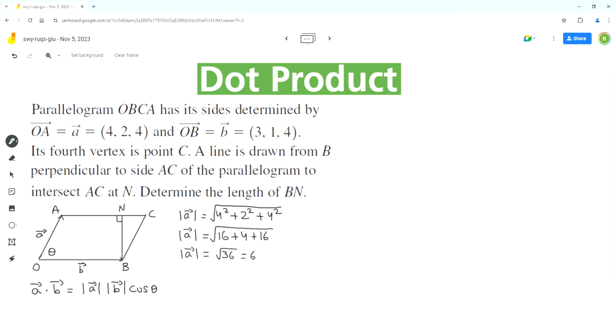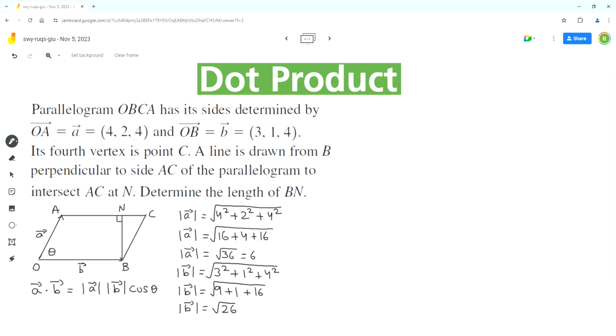So the magnitude of vector A is 6. Now we can find the magnitude of vector B. So I get square root of 26.